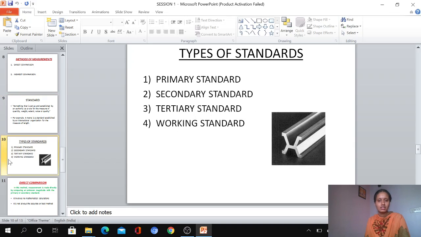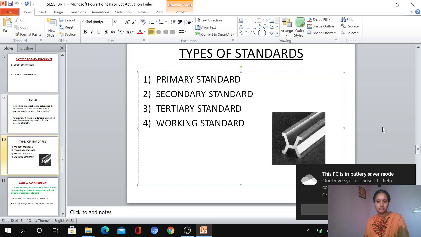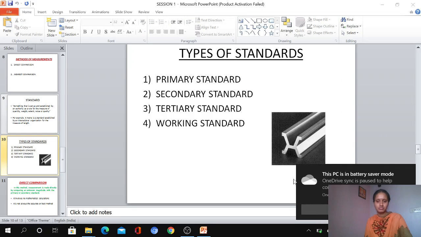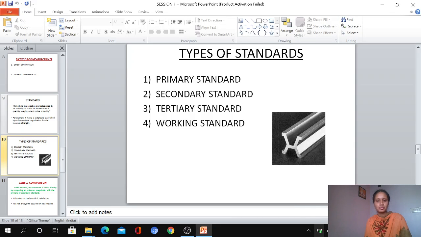Like that, mainly we have four types of standards. First one, primary standard, secondary standard, tertiary standard, working standard. Four types. Primary standards or master standards are preserved under controlled conditions.